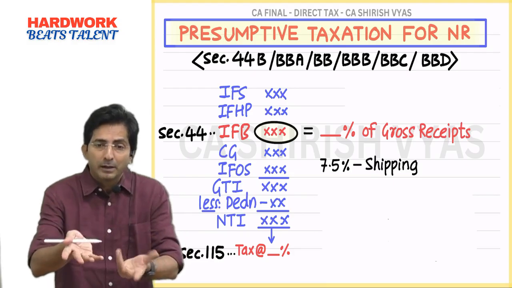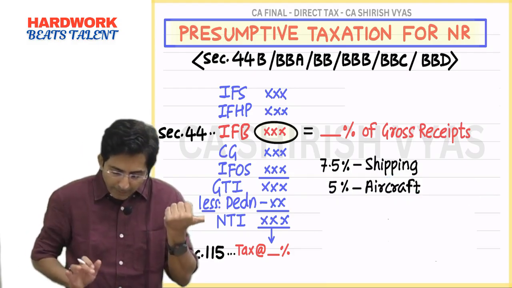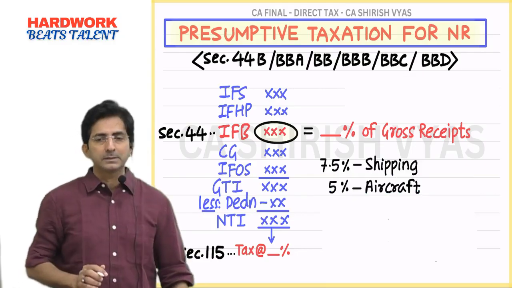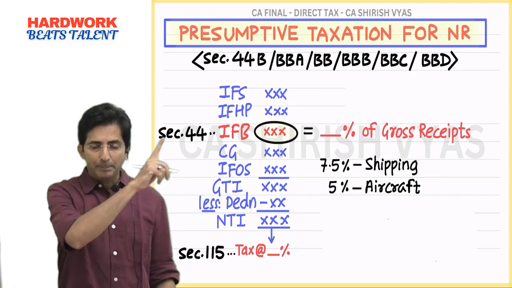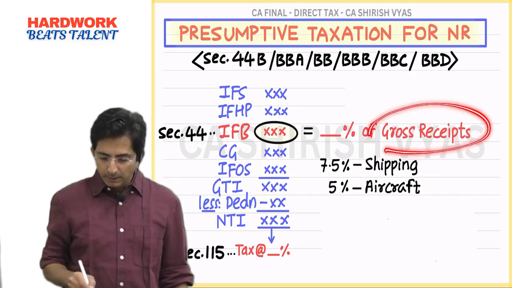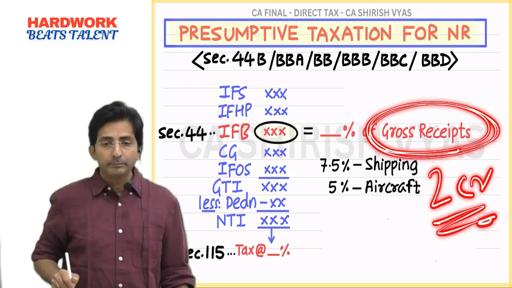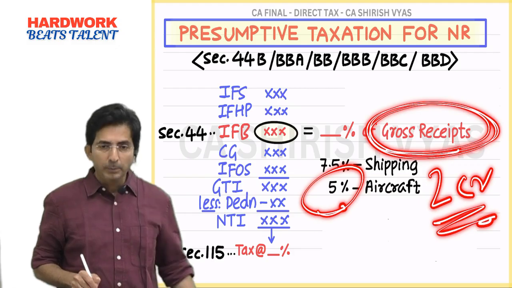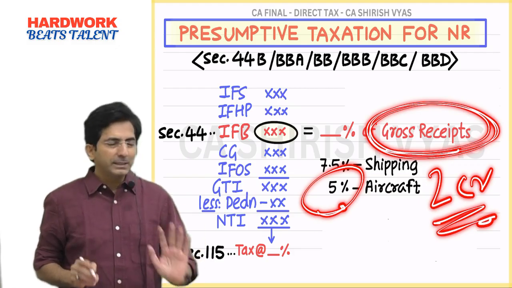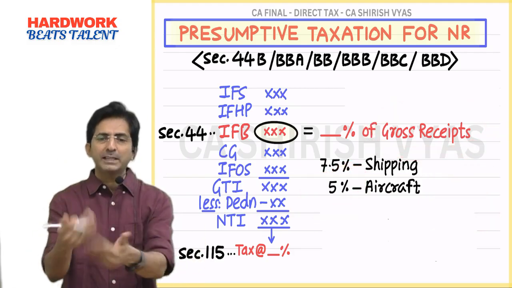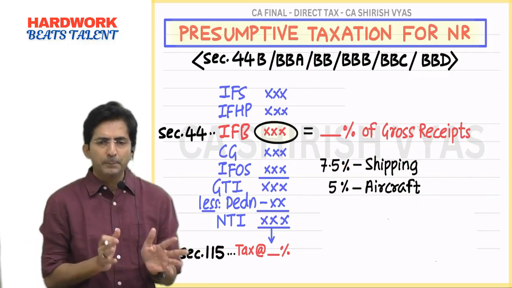That's why shortcut. And what is the shortcut? 5% of gross receipts. Means if the Japanese airline has generated gross revenue of 2 crore from India, so 5% will be assumed as the profit. Means we assume 95% should be your expenditure. So 5% is your net profit.